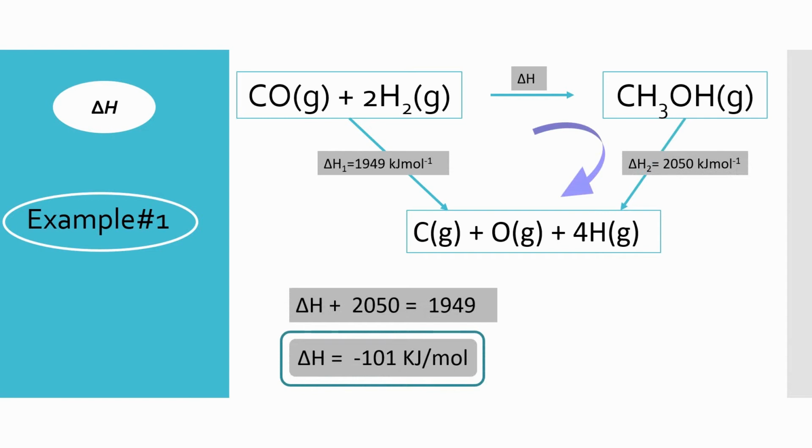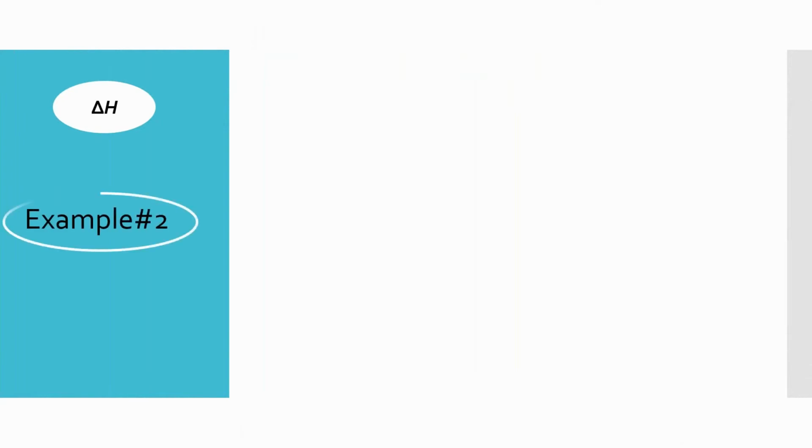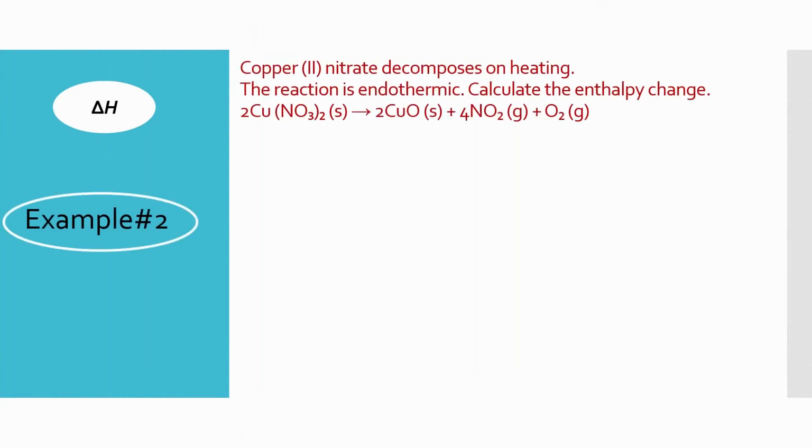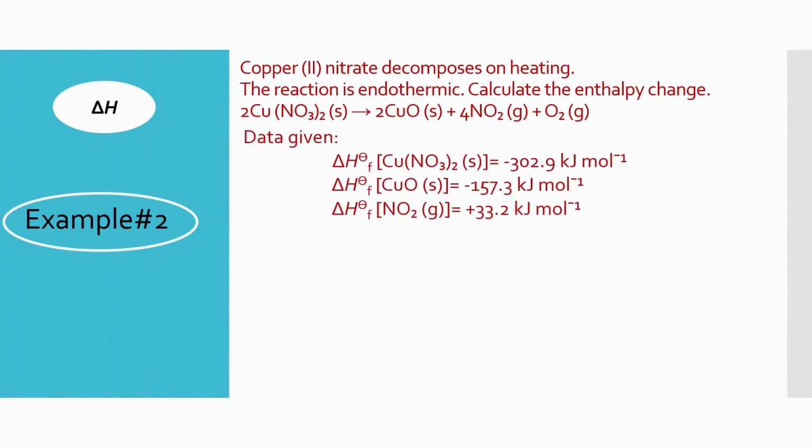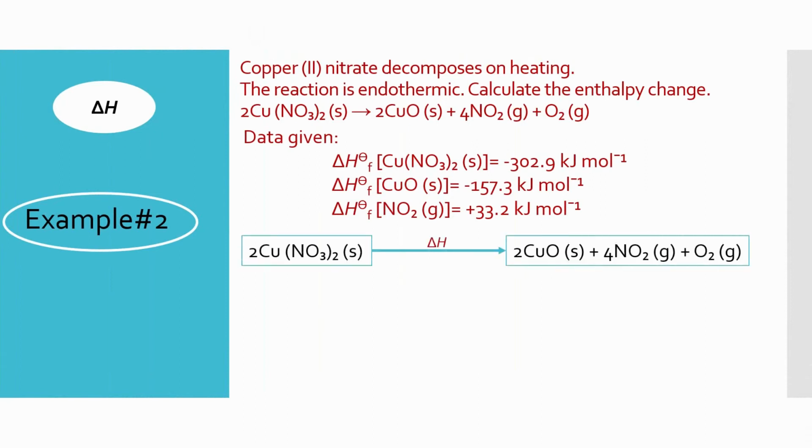I'm giving you another example, that is enthalpy change for a decomposition reaction. Copper nitrate decomposes to copper oxide, nitrogen dioxide, and oxygen. In this case, the enthalpy changes of formation are given. So I'm writing the equation again. Here delta H you have to calculate. Since formation is given, we can make copper nitrate from its elements copper, nitrogen, and oxygen.